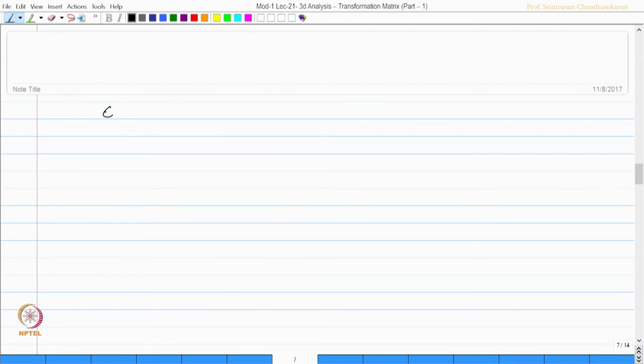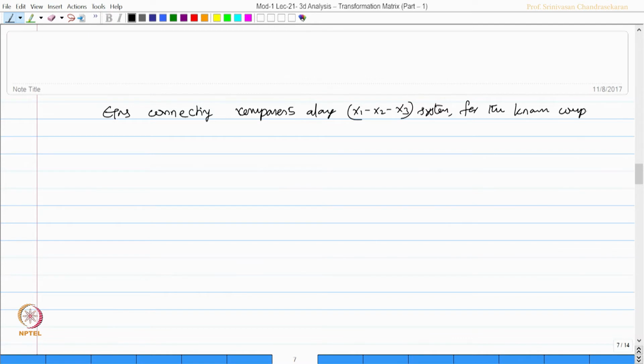So, the set of equations connecting components along x 1, x 2, x 3 system for the known components of the vector V 0 along y 1, y 2, y 3 are given below.